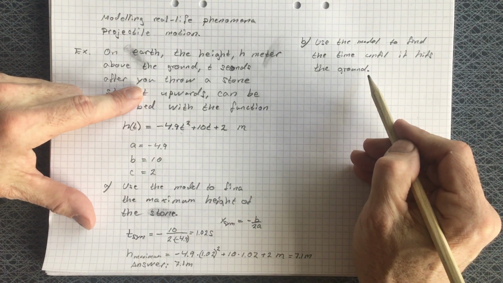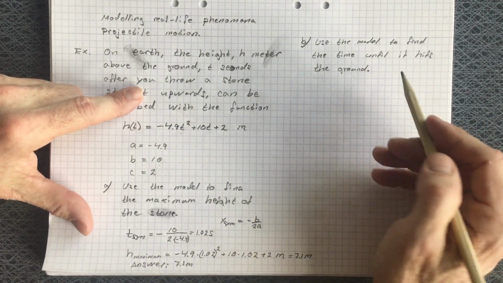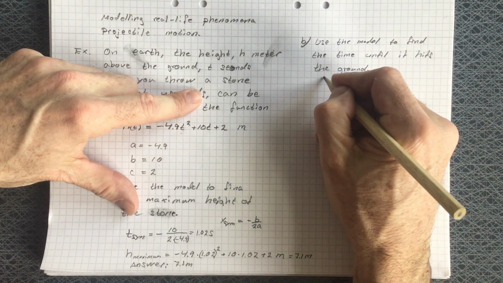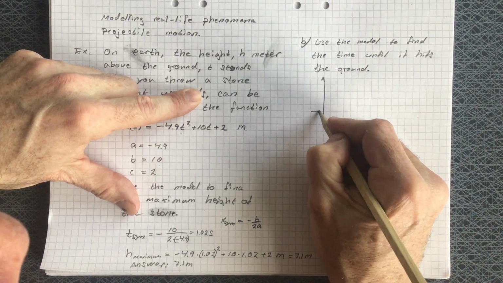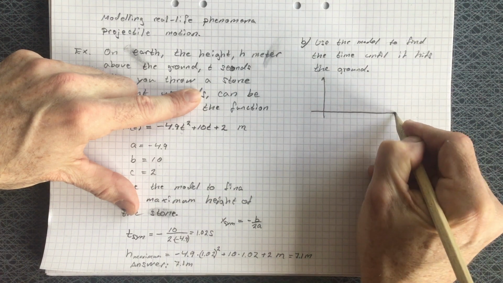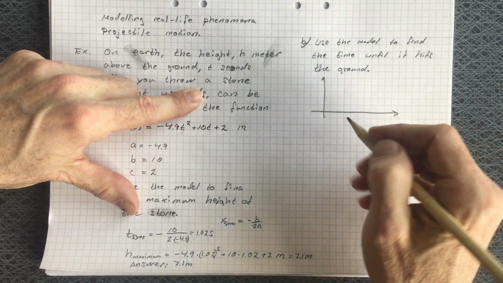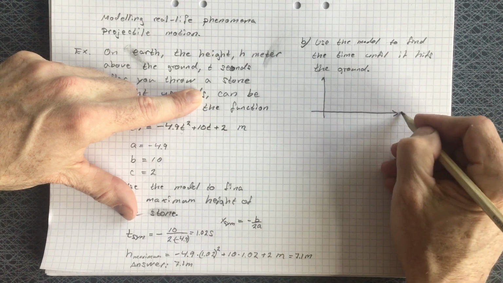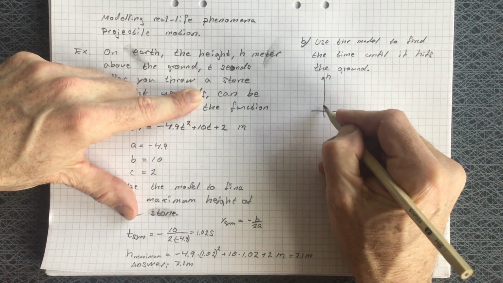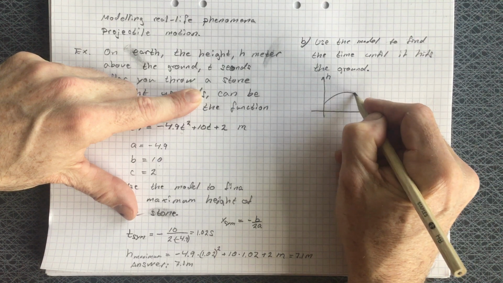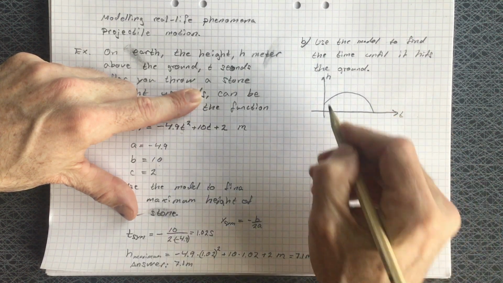Okay, so first now, before we start, I will do a very fast sketch of the connection between the height and the time. So we have the time and we have the height. And you saw on the calculator it did look something like this.